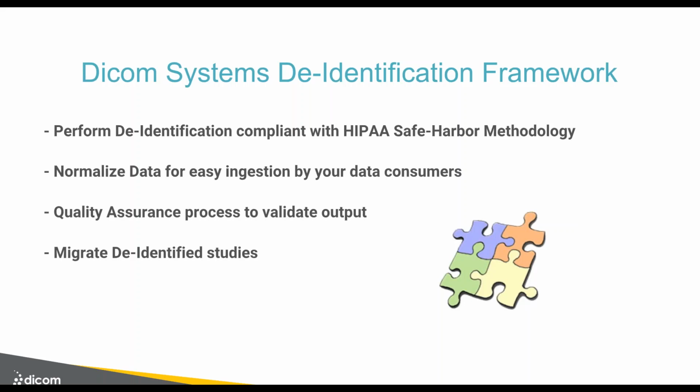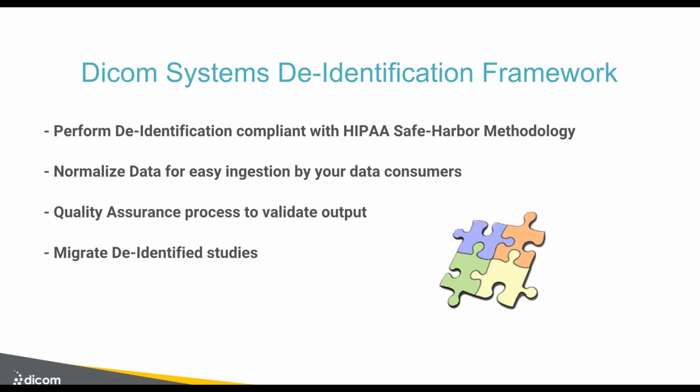He could do that, but it's more than that. So yes, you can hit the bare minimum as far as de-identifying the identifiers, but you also want to normalize the data so it's easy to ingest by the data consumer. This is an important point. HIPAA doesn't give you any regulation as far as standardization or normalization of data or narrowing the scope of what data is to be de-identified.